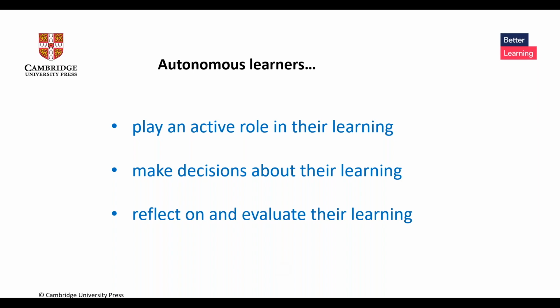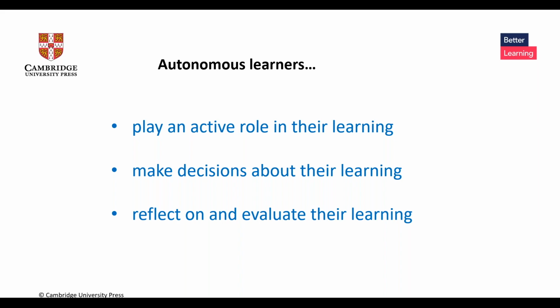And finally, we might expect them to reflect on their learning and evaluate how successful their learning has been, and based on this reflection, decide what the next steps are in the learning process. So as you can see, it's very different from a traditional teacher-led way of learning.